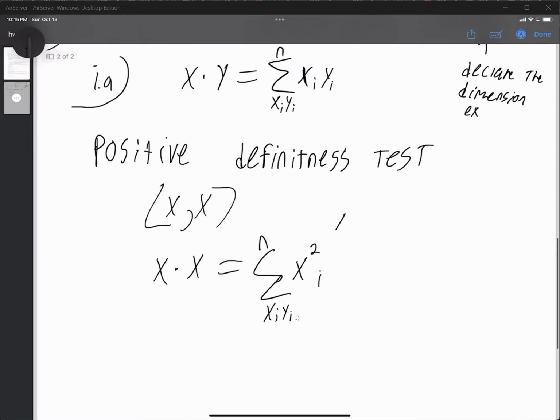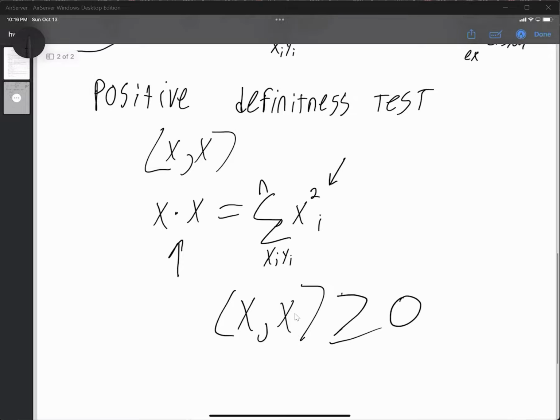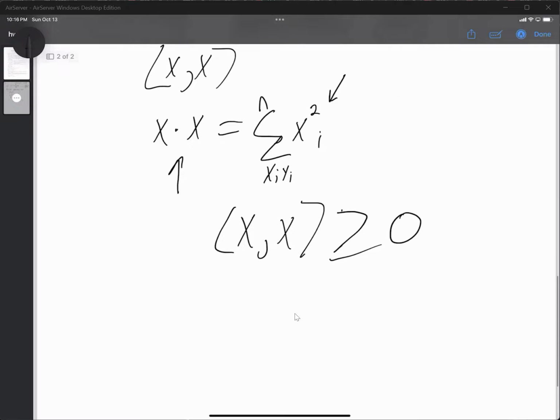And we see that when we declare this, x will declare that 0 for all real numbers will be positive. So it is positive definite.